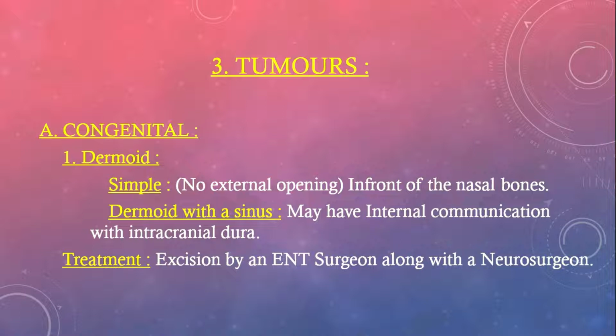Whereas the second type of dermoid is a dermoid with a sinus. One may have internal communication with intracranial dura or the sinuses. Now, that is a difficult kind of dermoid in which the treatment is usually excision by an ENT surgeon along with a neurosurgeon.